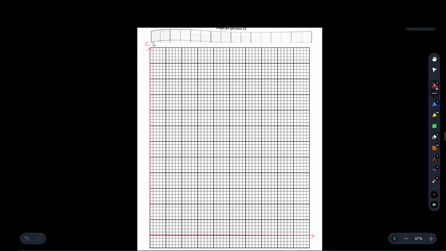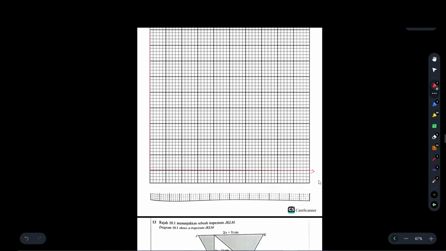It goes from here to here, and then to here. So that's the cumulative frequency, and then this is the upper boundary, UB.